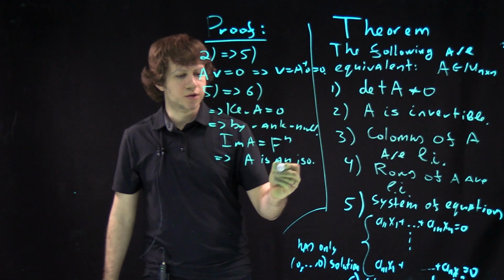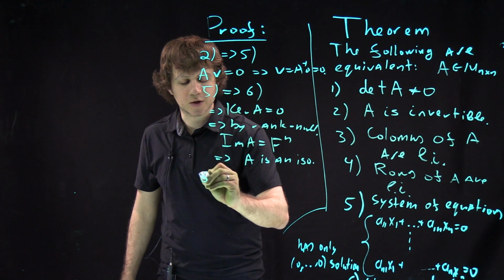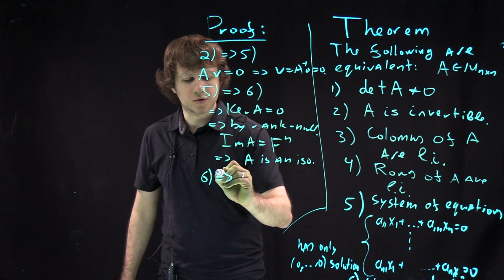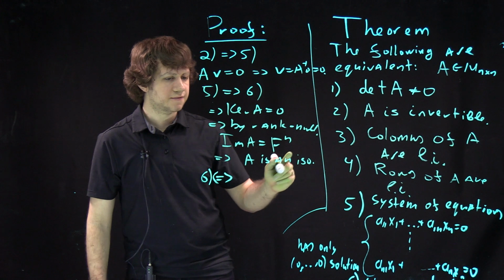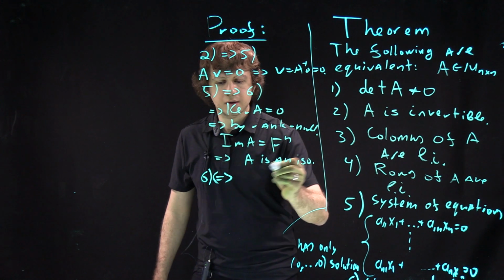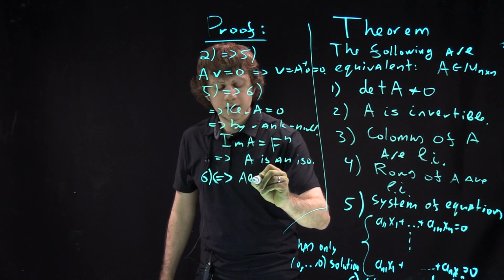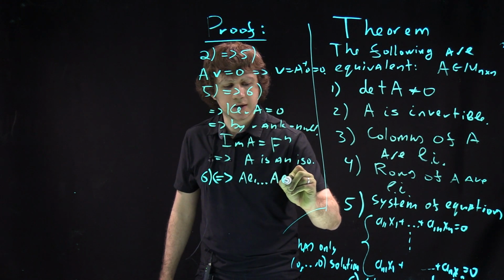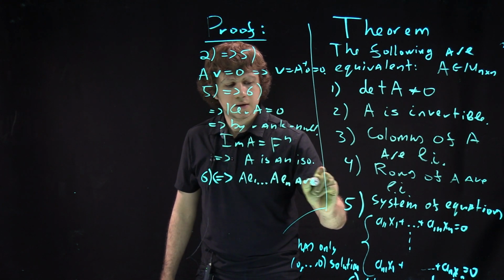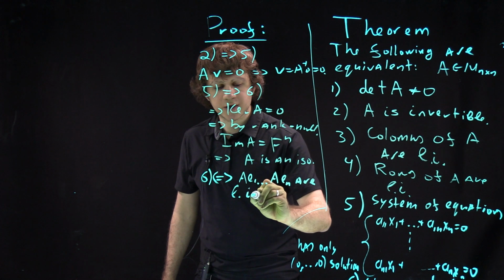But for A being an isomorphism, that's equivalent. So 6 is just equivalent to the fact that A(e1) up to A(en) are linearly independent.